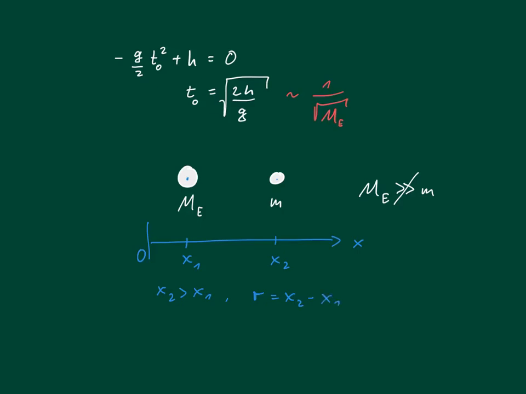Each object, so the Earth and the mass m, exerts a force on the other one, which is F equal to the gravitational constant times the mass of the Earth times the mass of the object, small m, divided by the distance between both objects, which is here r squared.